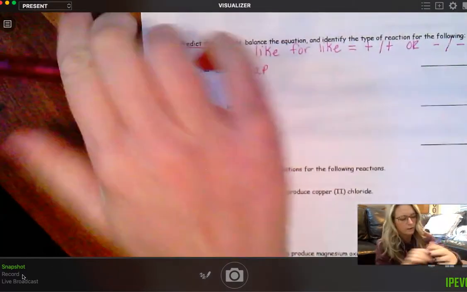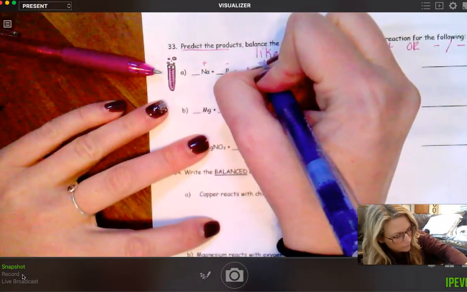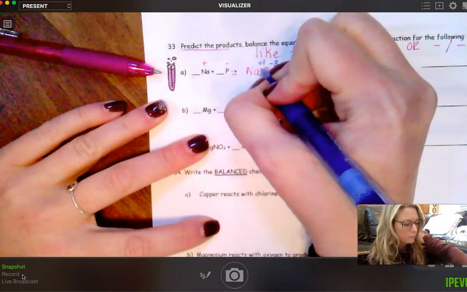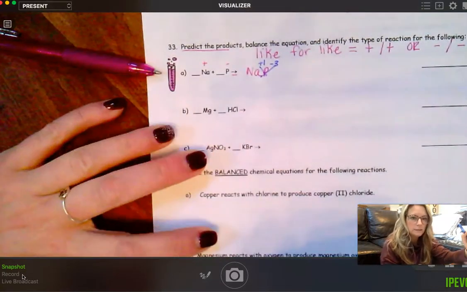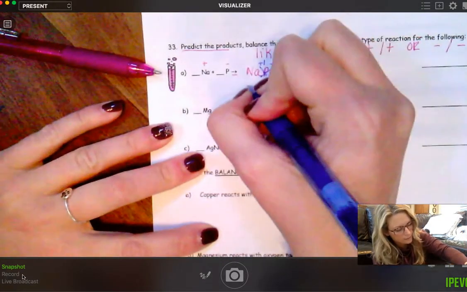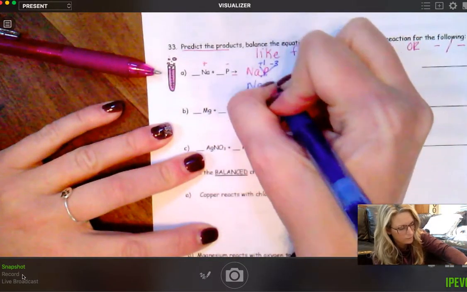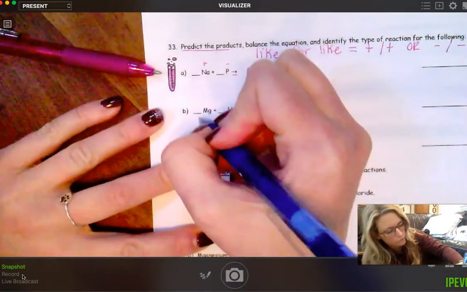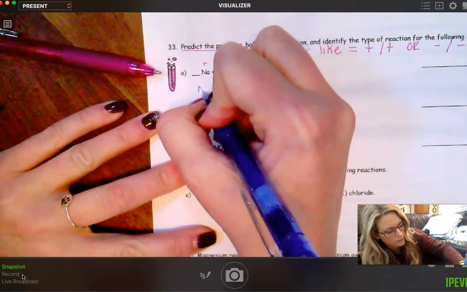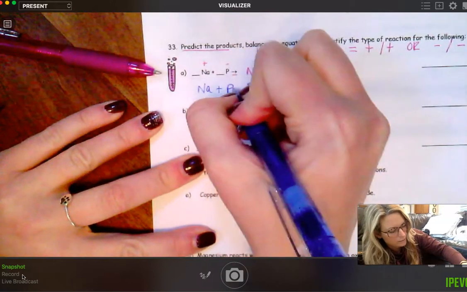If you have +1 and -3, remember you're going to have to swap them and drop them. And so that's going to end up being Na3P.